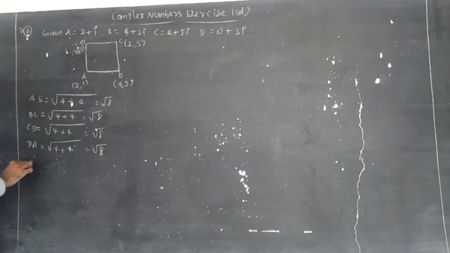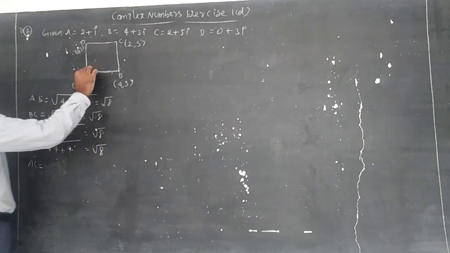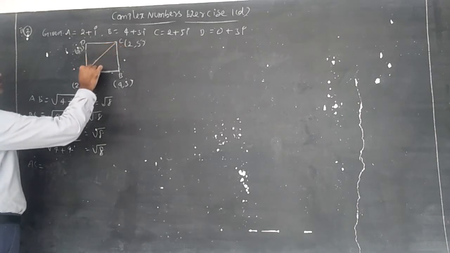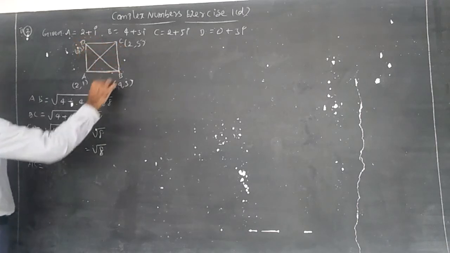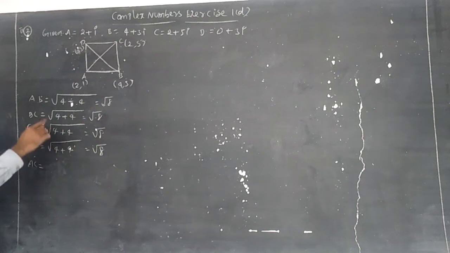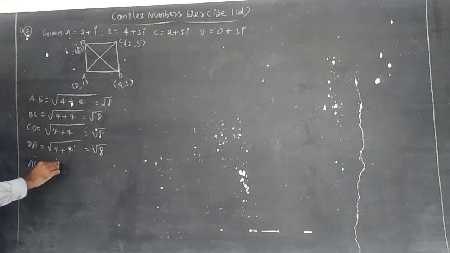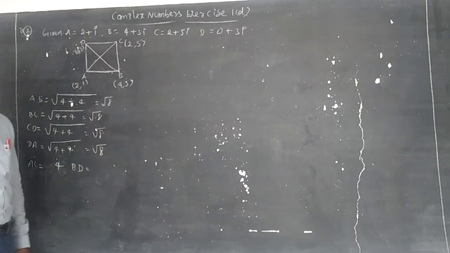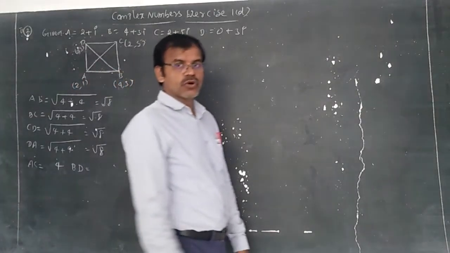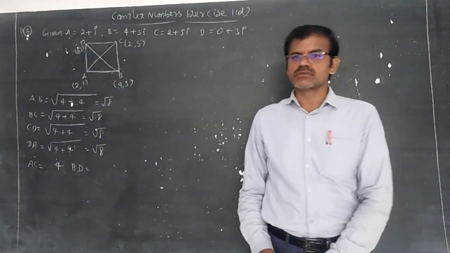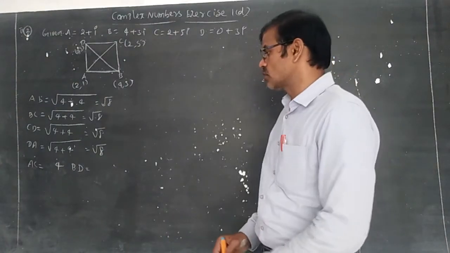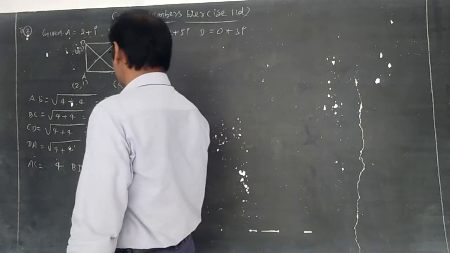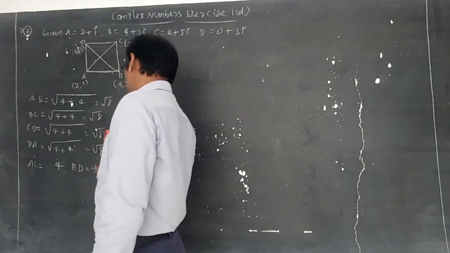Now calculate diagonals AC and BD. AC is root of (2 minus 2) whole square, 0, plus (5 minus 1) whole square, this is simply 4. Another property is there: the diagonal is root 2 times its side. So root 8 into root 2 becomes root 16, root 16 is 4. So the diagonal is equal to 4, it is correct. And BD directly we are getting 4.